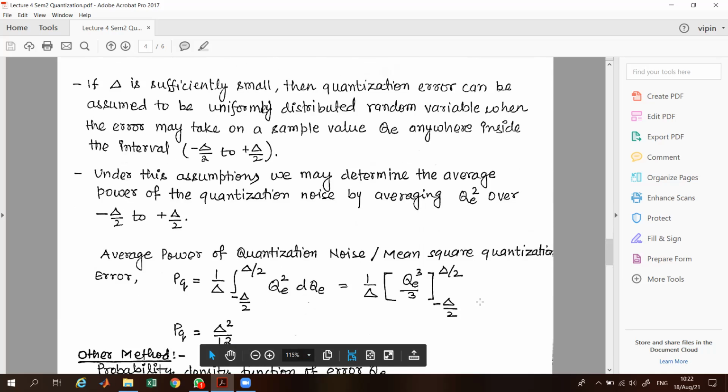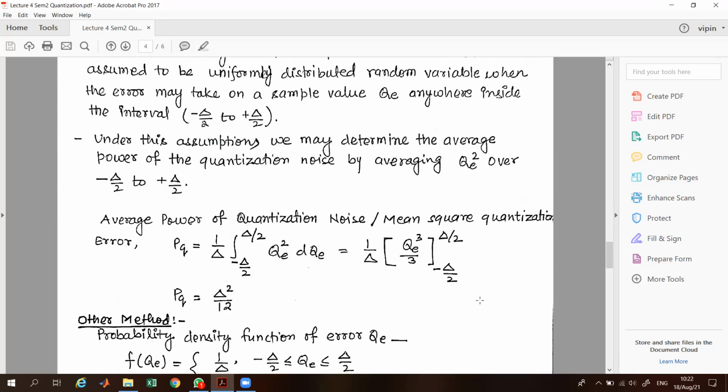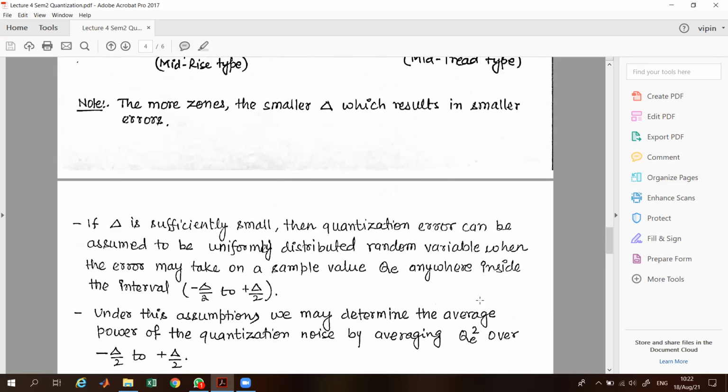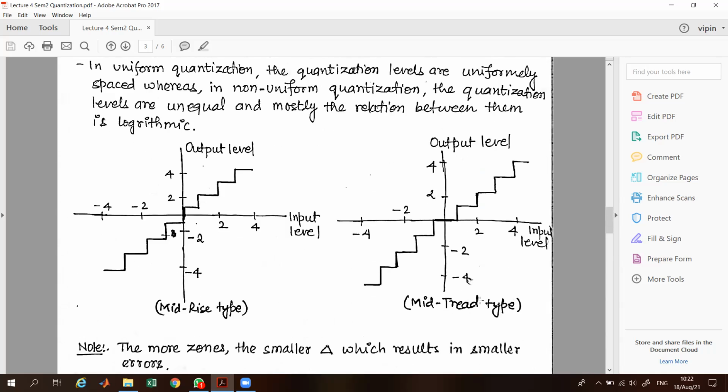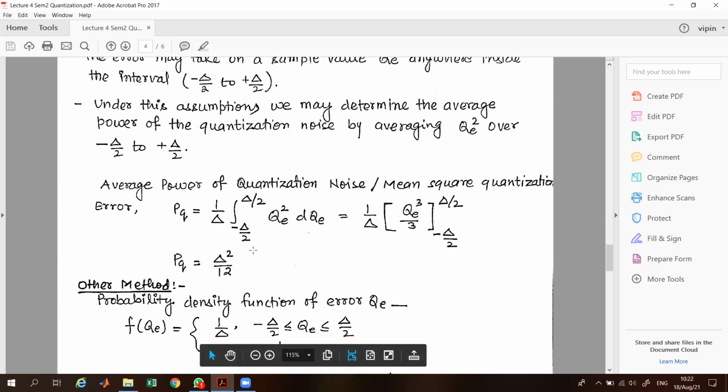When you put in the value of QE, in place of QE it will be delta. Then it becomes delta cubed by 8, minus of minus delta cubed by 8. When you add them, it will be delta square by 12.